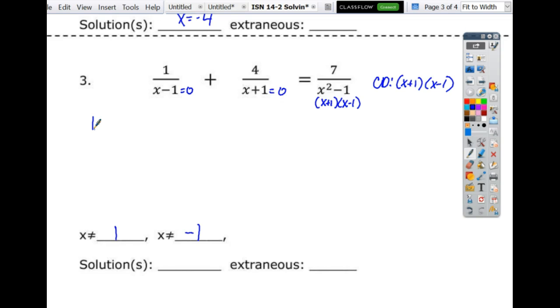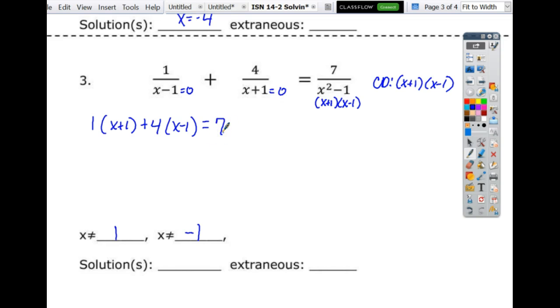And what's going to cancel? So I'm going to multiply by, okay? Then I'm going to write down plus 4. The x plus 1 cancels, so I'm going to multiply x minus 1.